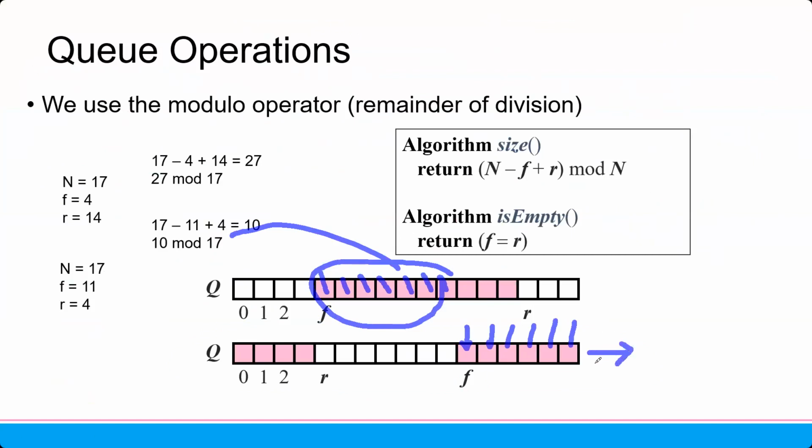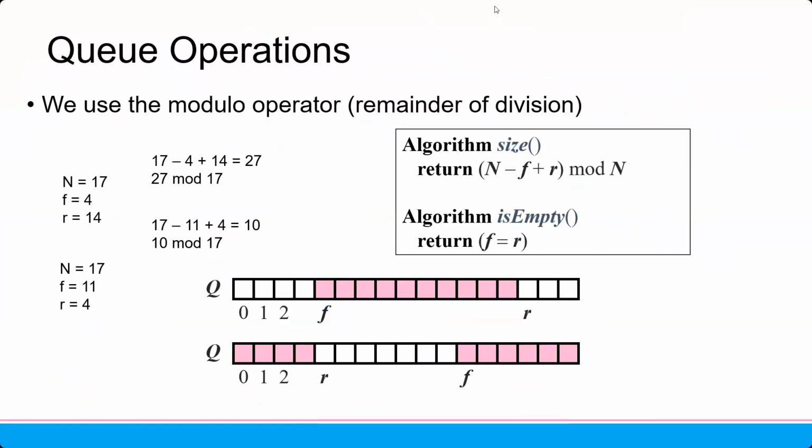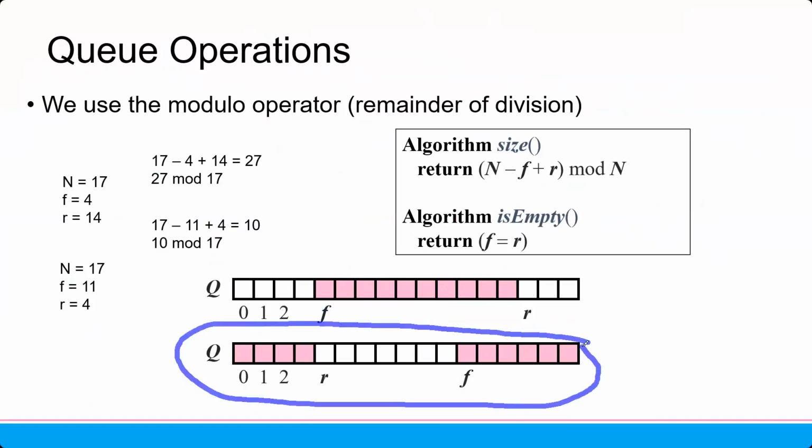Because there is no other space, the new element will go back to index 0, and then we start again to fill in the elements here, here, and so on. So this is the wraparound configuration. And we will check what the size of this queue is. We know that F, the front, is 11, and then we know R is 4.